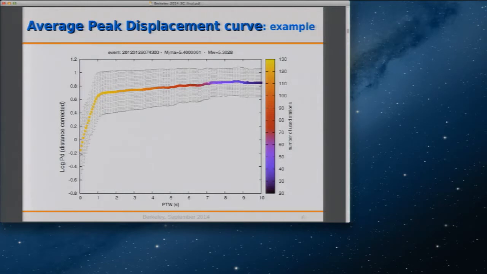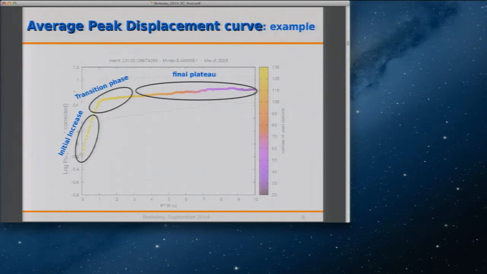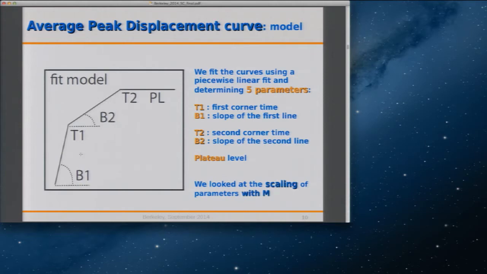So when we look at the shape of this function, we can clearly recognize that there is an initial increase, a final plateau level, and then there is something in the middle which we call the transition phase. Then, to reproduce the shape of this function, we used a very, very simple model, which is a piecewise linear function. So basically, for each event in our database, we computed the average peak displacement curve as a function of time.